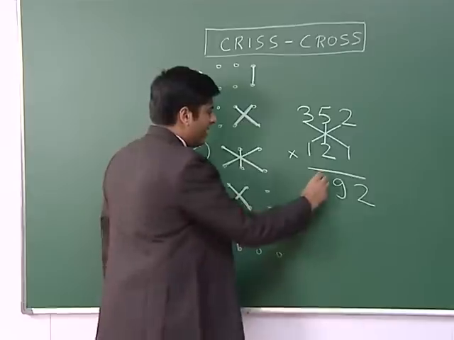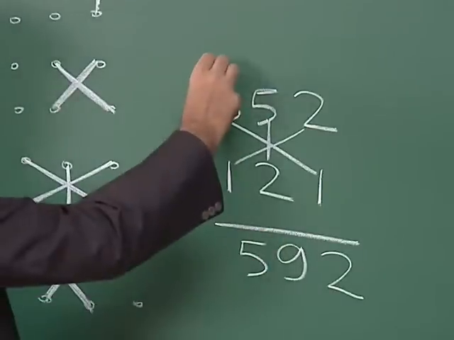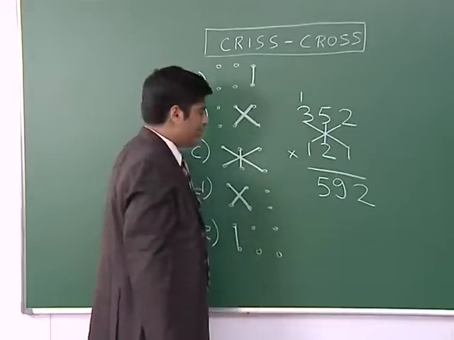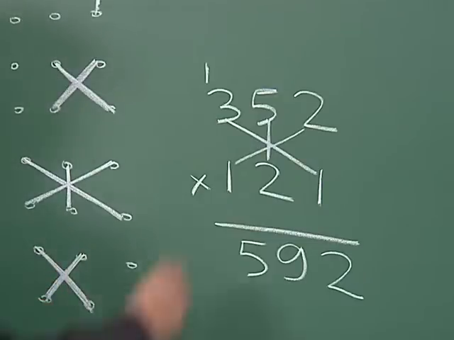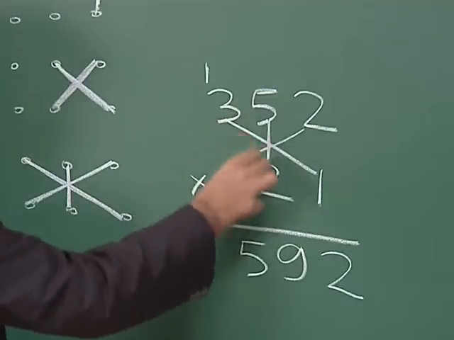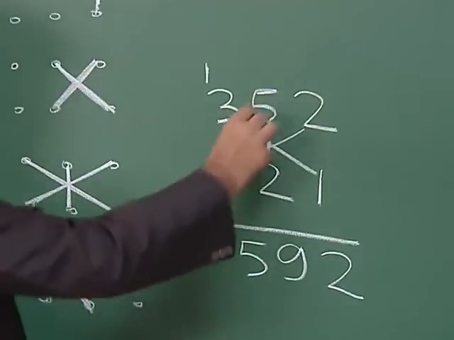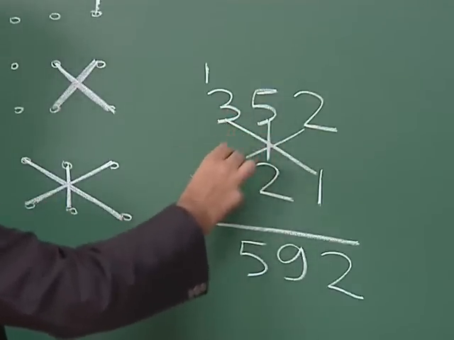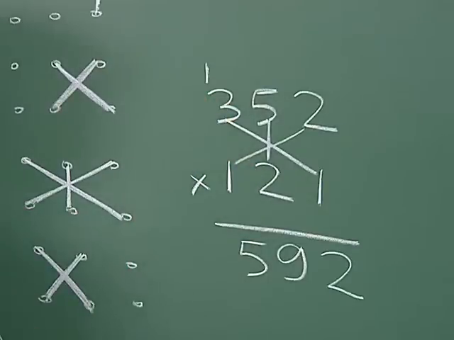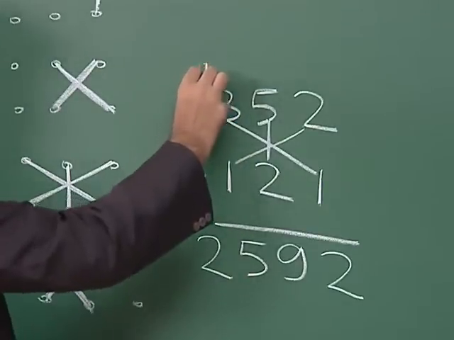I write 5, carry over 1. Step D says multiply like this and like this. So 3 times 2 is 6 plus 5 times 1 is 5. 6 plus 5 is 11 and 1 gives me 12. I write 2, carry over 1 again.